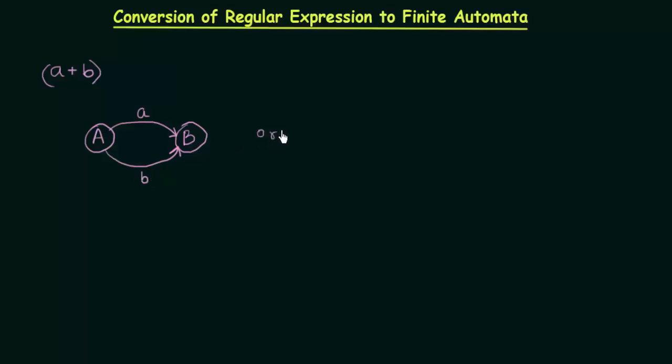Or you could also express it in this way. You can write A and B, and instead of using two transition lines, just with one line you can represent like this, A or B. So this means that A union B, that means A or B. The state on getting either input A or input B can go to the next state, that is B. So this is the same thing represented here, just using one transition line.